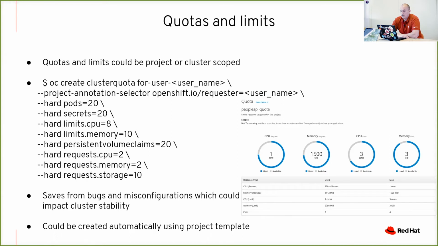So for that, in OpenShift you have two layers for creating the quotas and limits. So the first layer is the project scope. For each project you can define some default quotas and limits, but also you can define so-called cluster quotas, where you can create quotas that will be assigned to multiple projects.